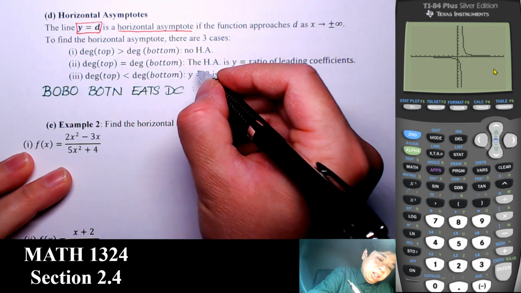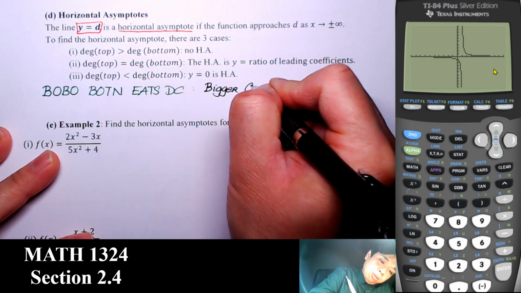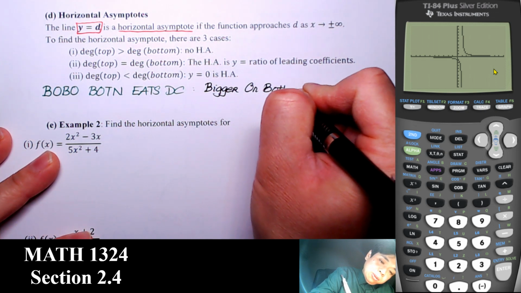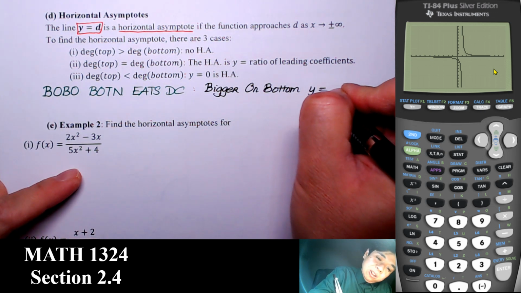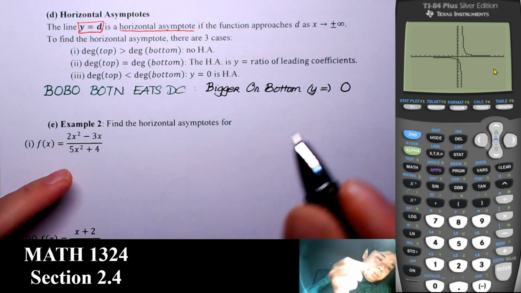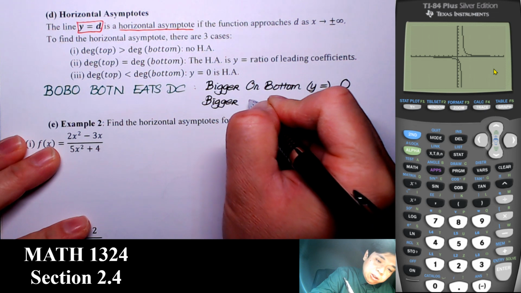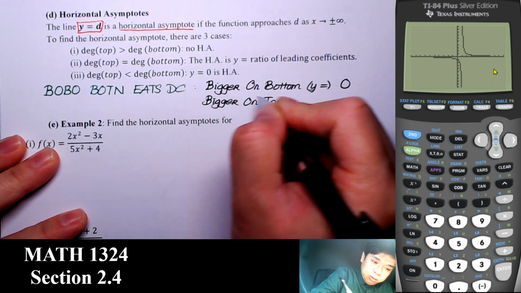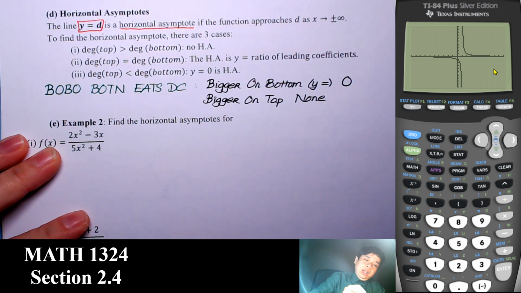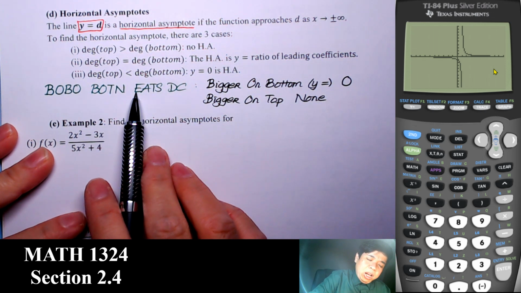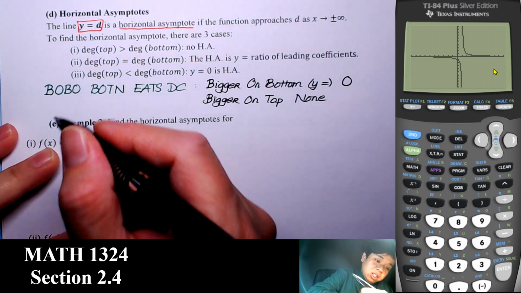It stands for bigger on bottom, we have 0, and then bigger on top, and it would mean nothing. And when the exponents are the same, divide the coefficients. I don't know who made this up, but I found that online.